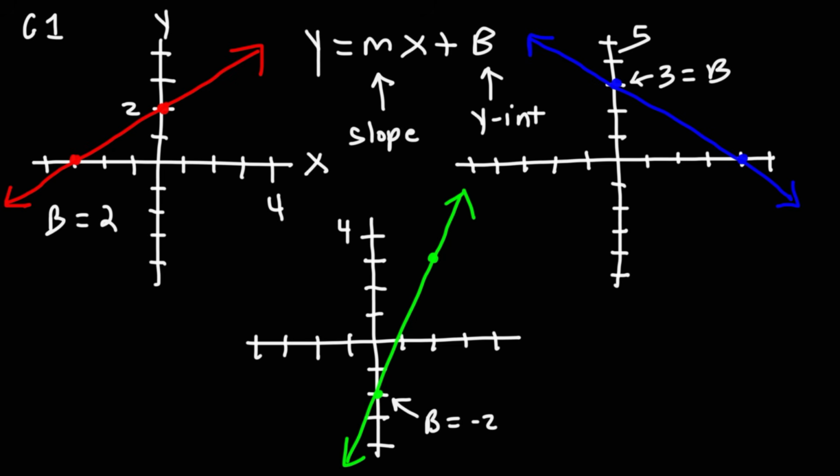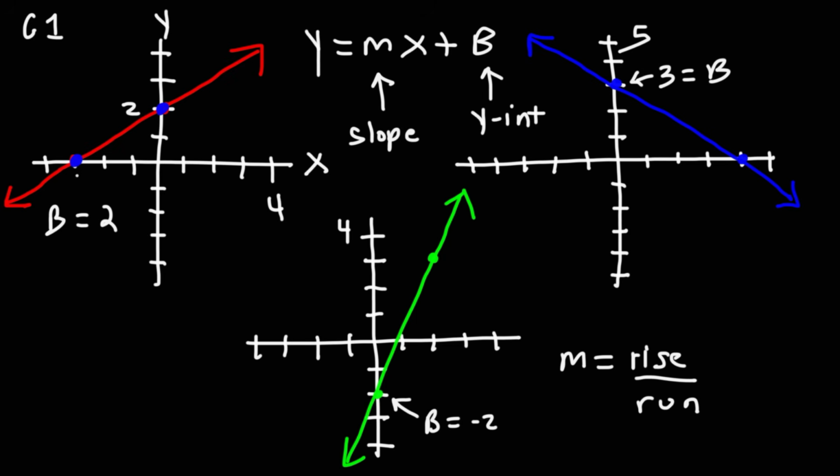So that's how you could find the y-intercepts. Now let's calculate the slope. The slope, m, is rise over run. So we need at least 2 points in order to calculate the slope. So let's focus on these 2 points here.